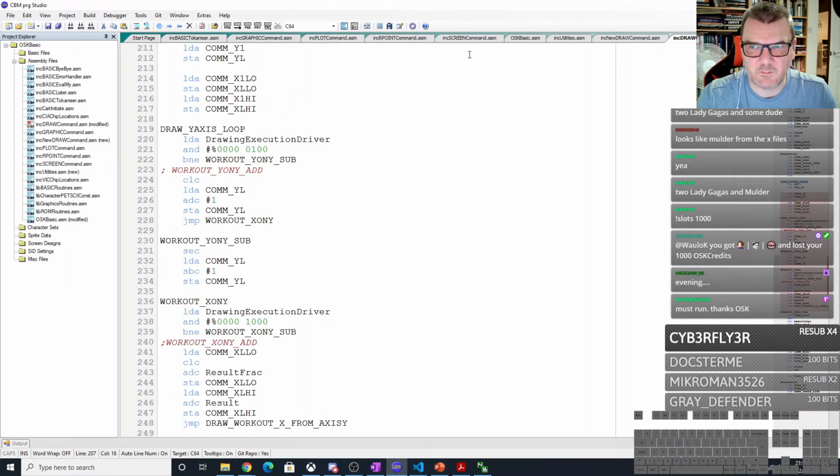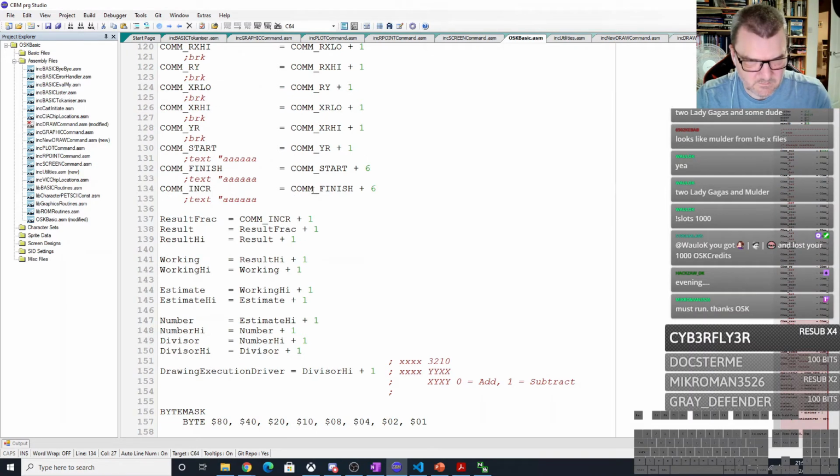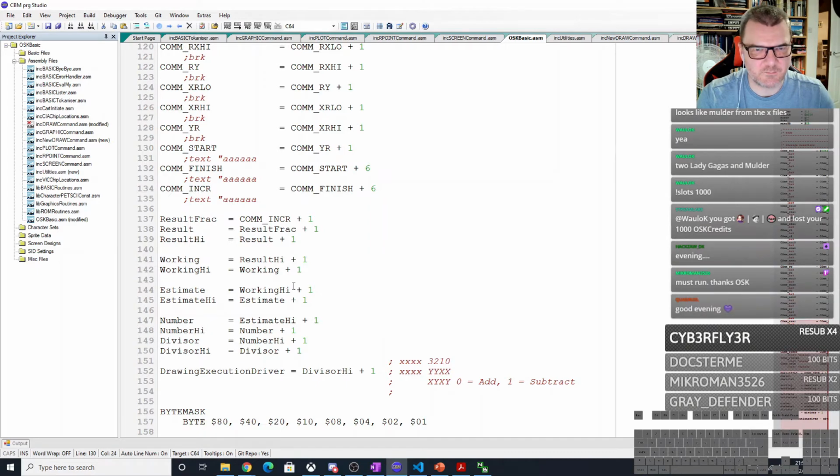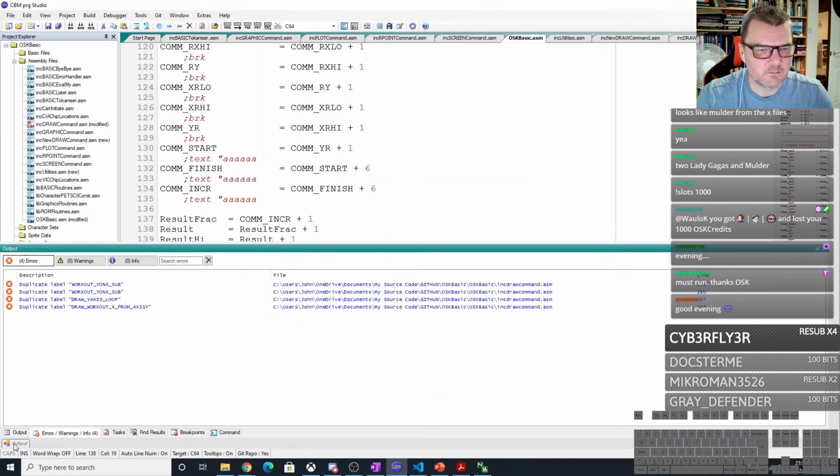I doubt if it will, but let's see if it works. Oh, poo. Press the wrong key. Is there an error?